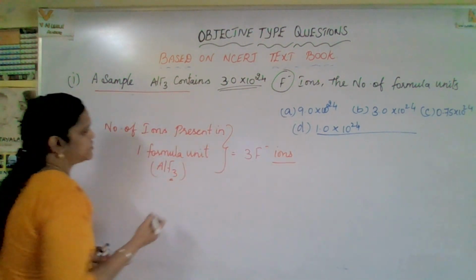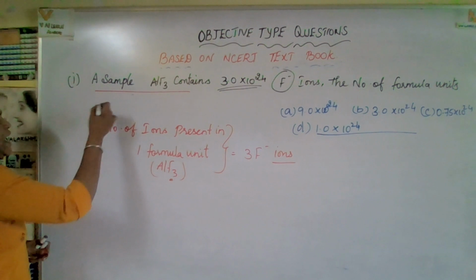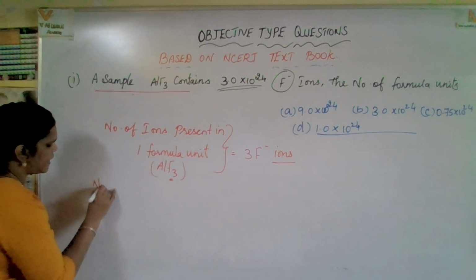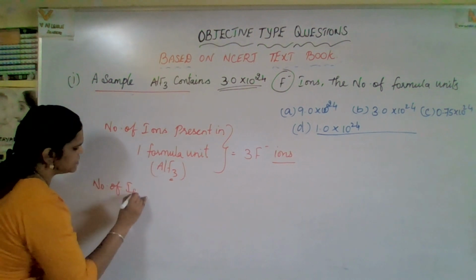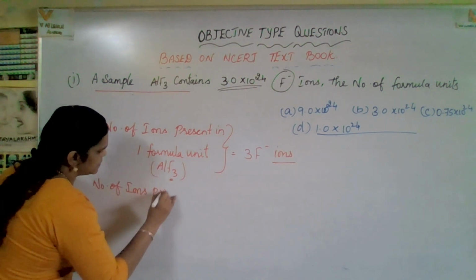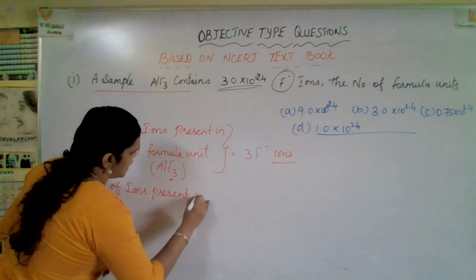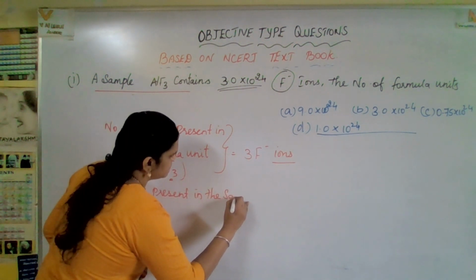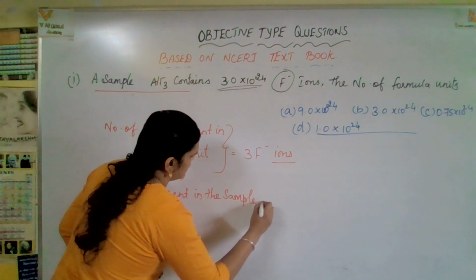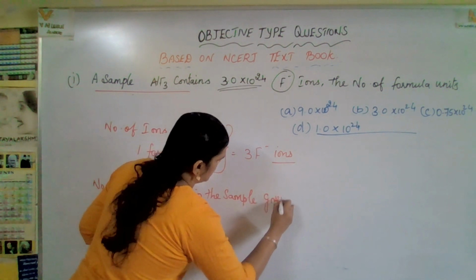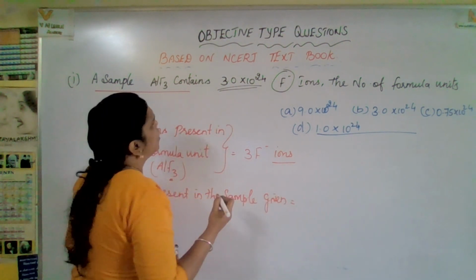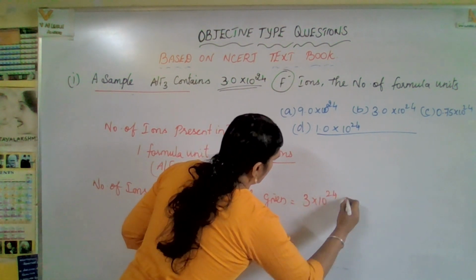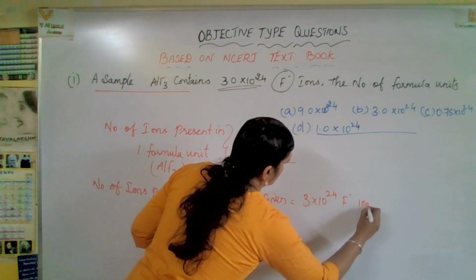That is what they mentioned. Now, the number of ions present in the sample given is equal to 3 × 10^24 F⁻ ions.